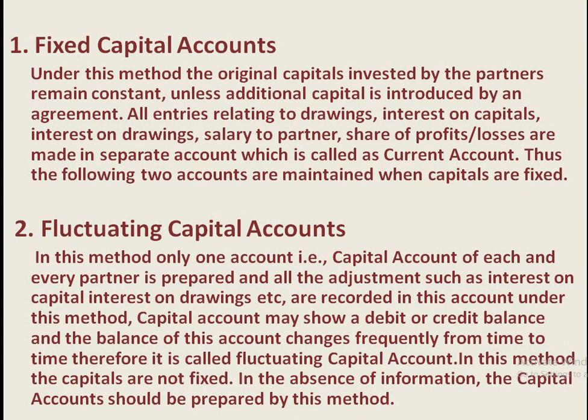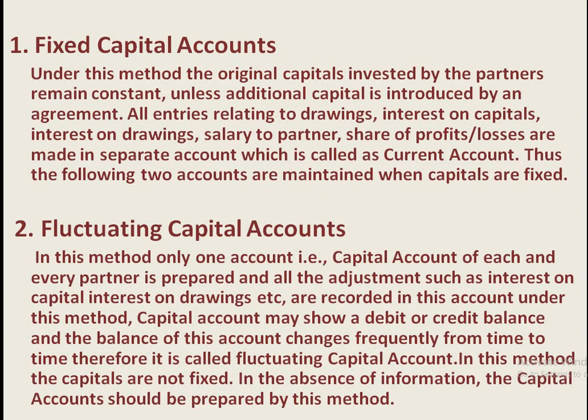Because during the year, there are too many transactions which we need to give effect on partner's capital account. Which transactions are recorded in partner's capital account? All those transactions which are between partner and firm, like drawing of the partner, his interest on drawing, interest on capital, if any partner's salary or commission is payable by firm.